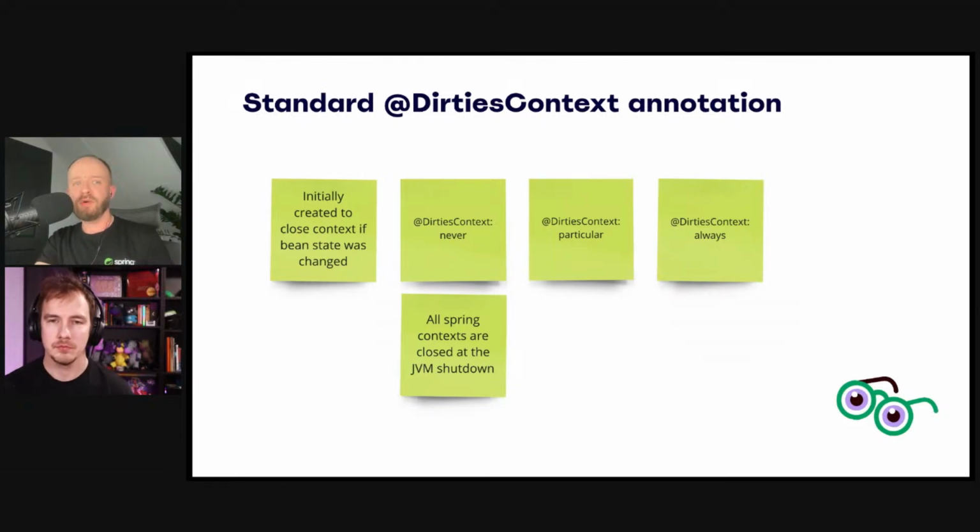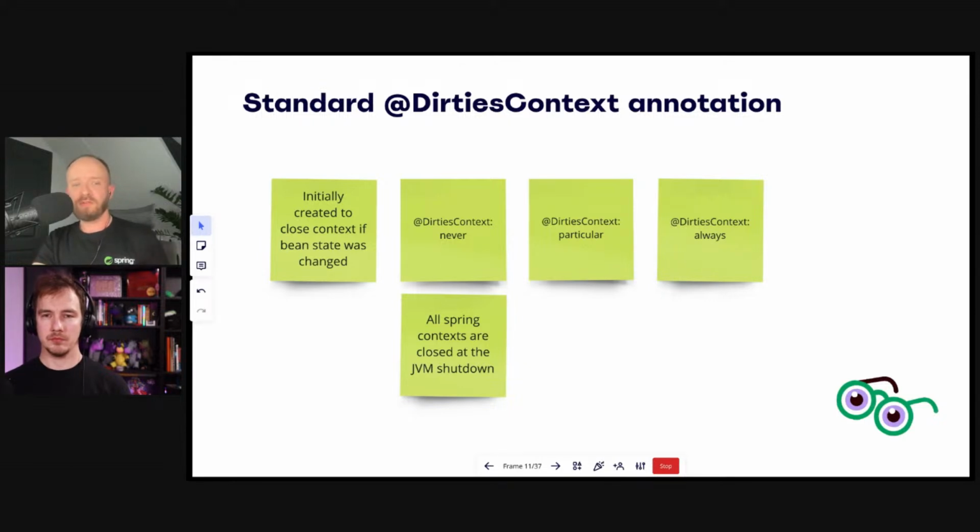So out of the box, we have the standard DirtiesContext annotation, and from its definition, it was created for cases when integration tests change the shared bean state. So for example, you have two integration test classes, and one makes a state change that can affect another test. To avoid such a conflict, the test is annotated with DirtiesContext, and Spring will just close the context.